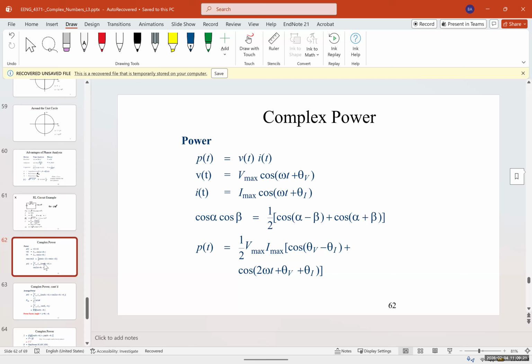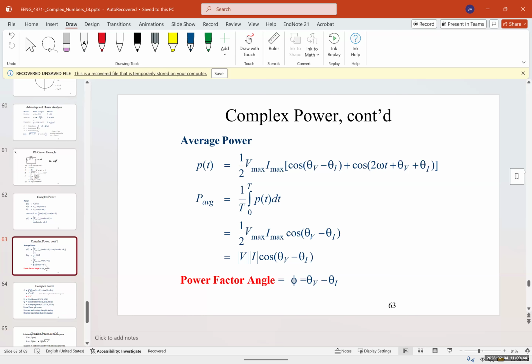So if we replace that, we get p(t), which is going to be half of Vm Im times cosine of theta V minus theta I plus cosine of 2 omega t plus theta V plus theta I. I've already done the proof for this in measurement instrumentation, if you had measurement instrumentation with me.